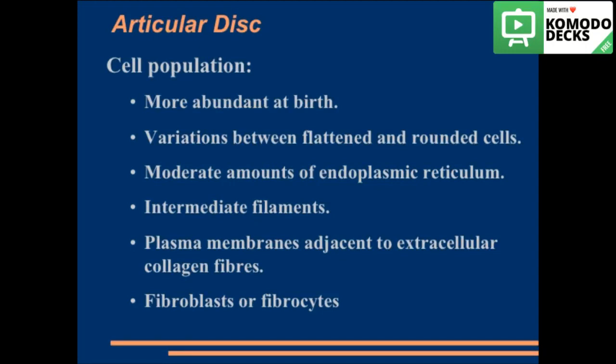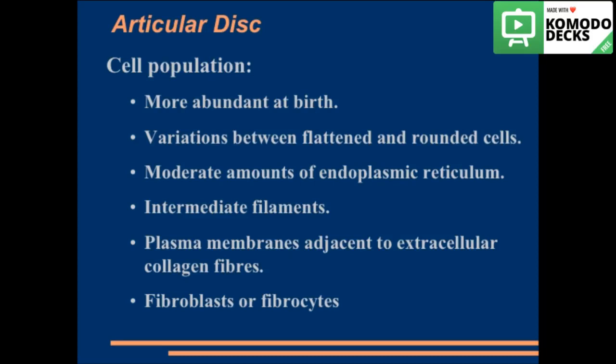The cell populations are more abundant at birth. So in a child's articular disc, you see more cells. There are variations between flattened fibroblast-like cells and rounded chondrocyte-like cells.